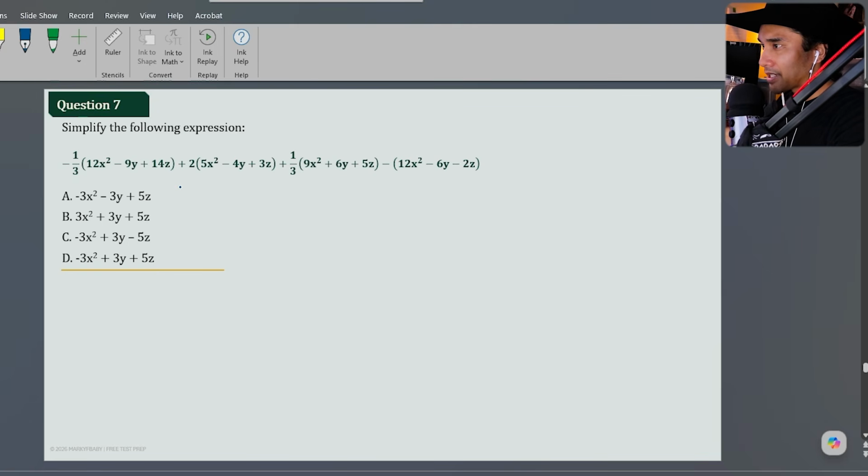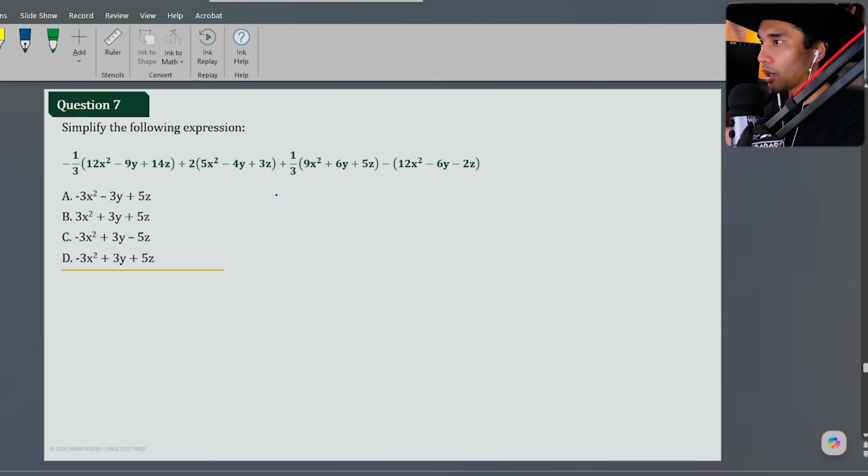But from what I've seen, nothing in the parentheses for these types of problems, okay? I think the number one thing they want you to get used to doing is to distribute, okay? Distribute, combine, simplify. Let's begin.